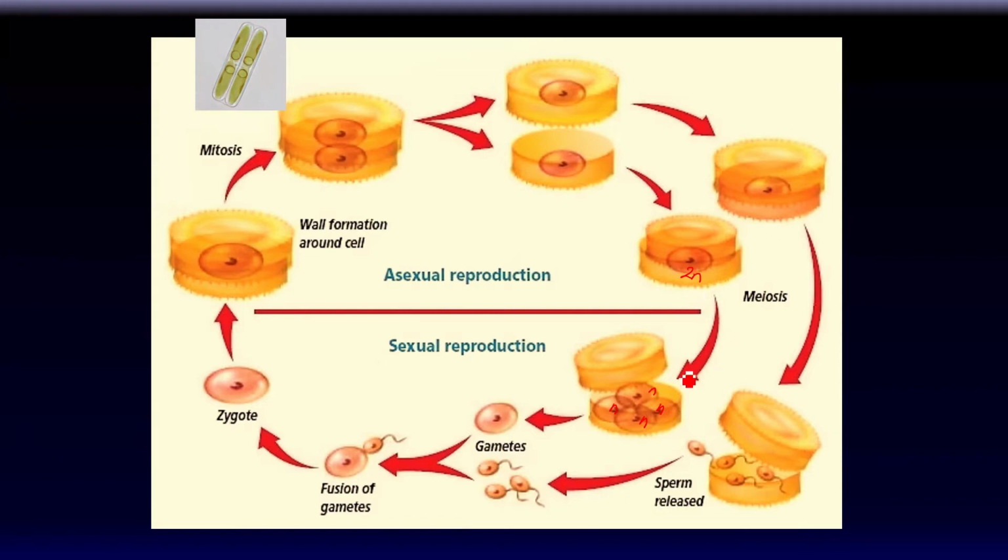So one of them divides like this, and the other one also goes through meiosis, and lo and behold, it produces little gametes with motile sperm type things, and then the shoebox opens up, and the sperm goes to the egg, and the gametes meet and fuse together and make again a diploid zygote.